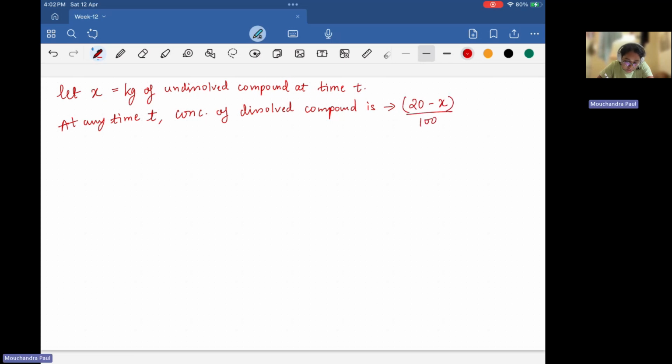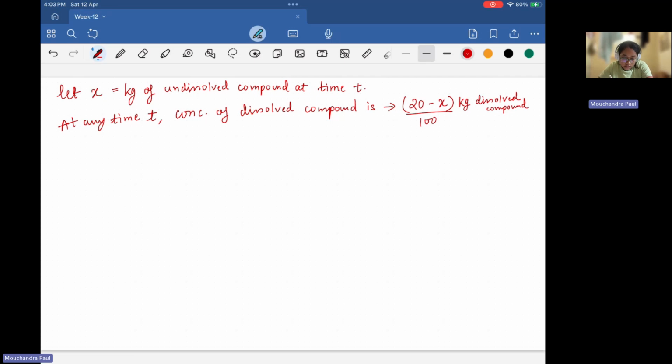This upper term represents kg of dissolved compound. 20 kg is the total undissolved. At time t, X is the remaining undissolved compound.